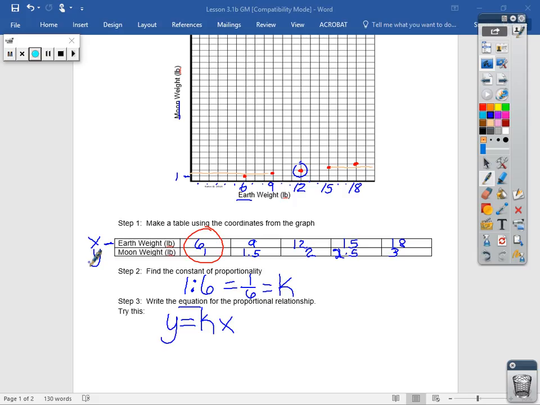So now I can pick another pair of numbers, say this one, and I can write this as an equation. So my y in this equation is going to be 3 equals my k, 1/6, multiplied by 18.